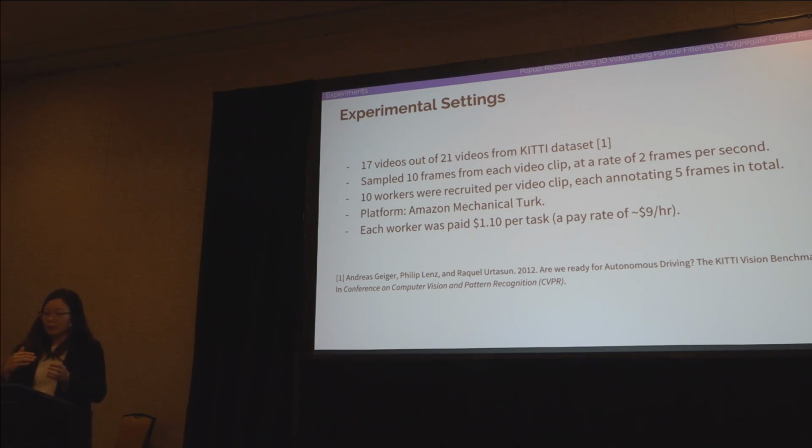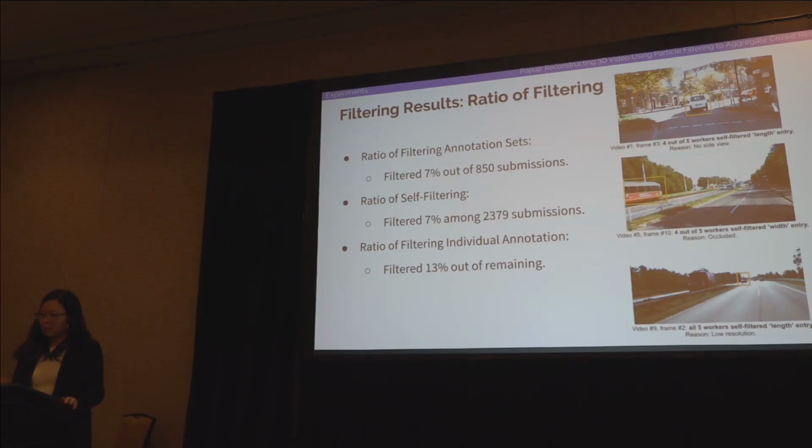And we had a total of 5 workers annotate each single frame, and there were a total of 10 frames for each video. We used Amazon Mechanical Turk as our crowdsourcing platform, and each worker was paid about $9 per hour for their wage.